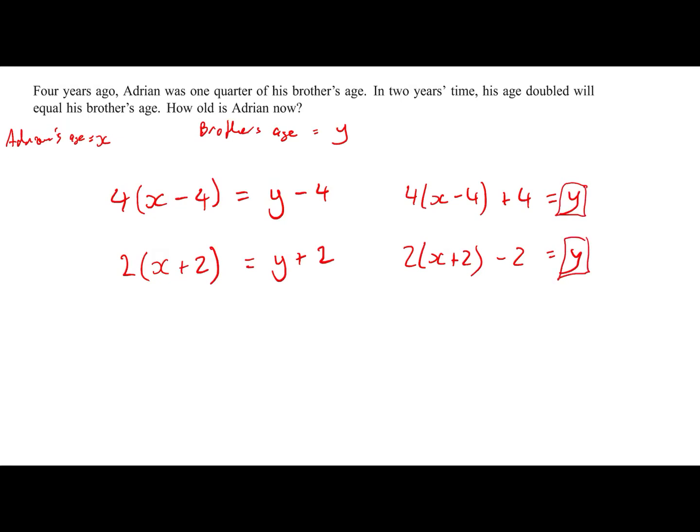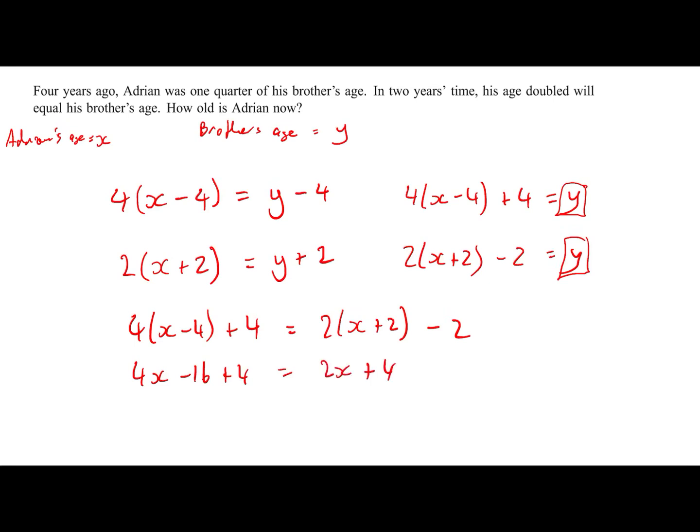So now I can equate these two equations because they're both equal to y. So my final linear equation is going to be 4 times (x minus 4) plus 4 is equal to 2 times (x plus 2) minus 2.